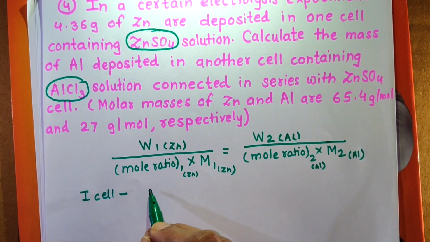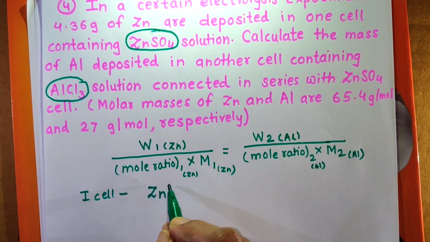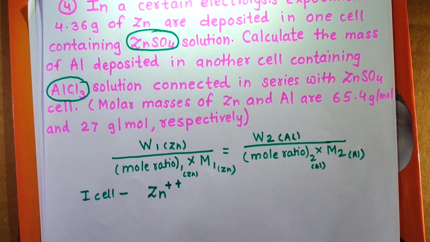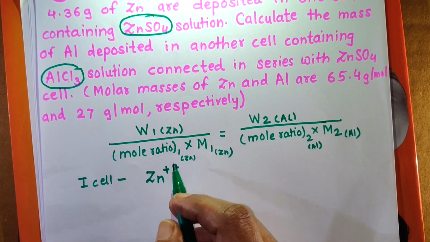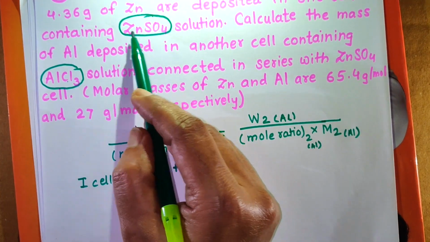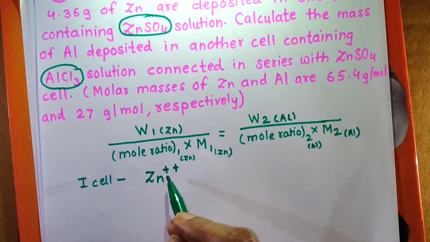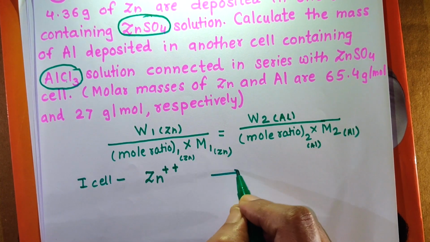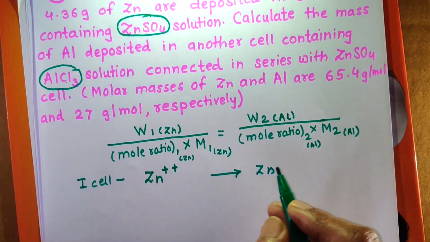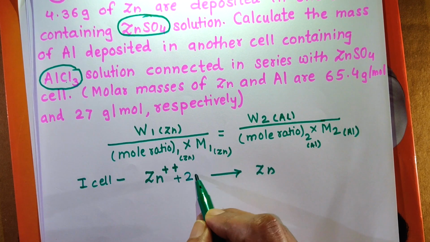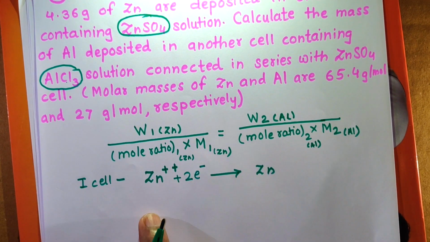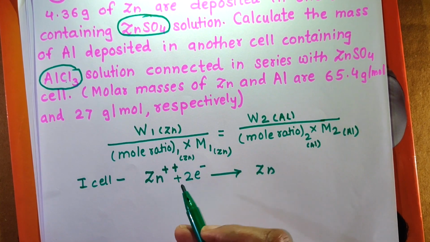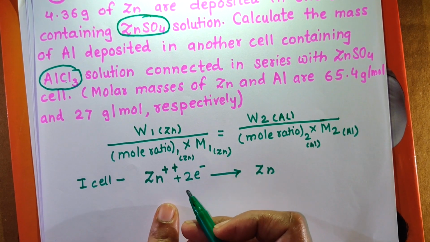ZnSO4 solution contains Zn plus 2 ions. The oxidation number of Zn in ZnSO4 is plus 2. It is converted into Zn by accepting 2 electrons. This is very important, remember which reaction takes place at the cathode.